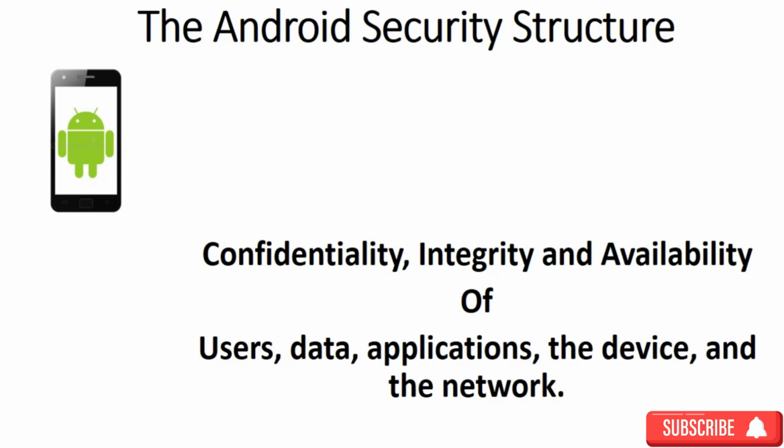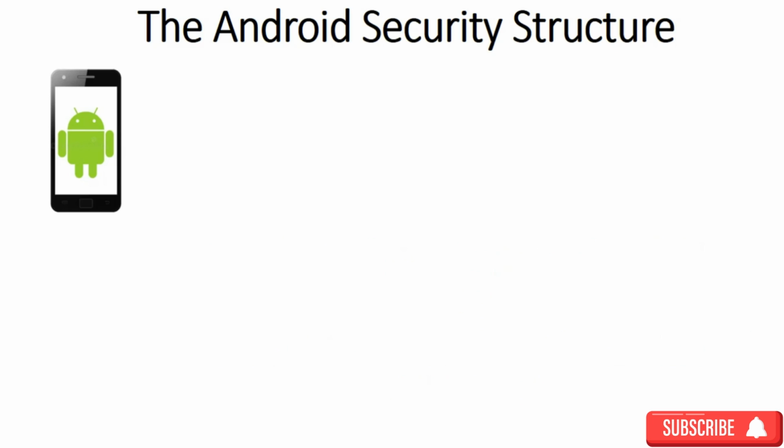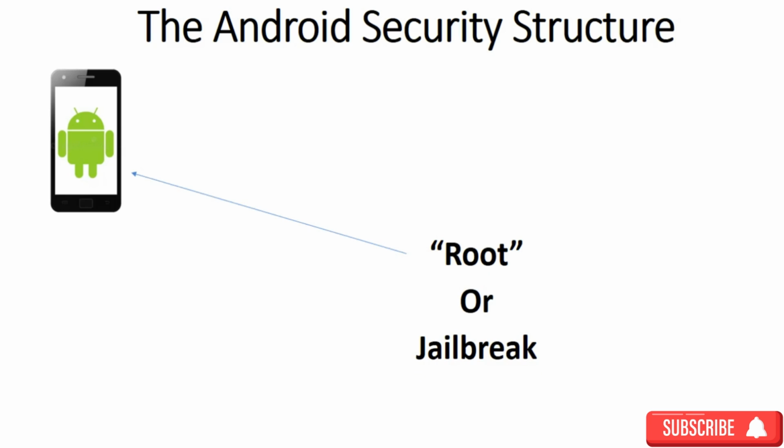And of course the ecosystem as well. Both Apple and Google have dedicated a lot of resources to make their mobile operating systems fairly secure. Some of the main security challenges arise when users root their device or jailbreak their devices, leaving them open to malware or compromised applications.